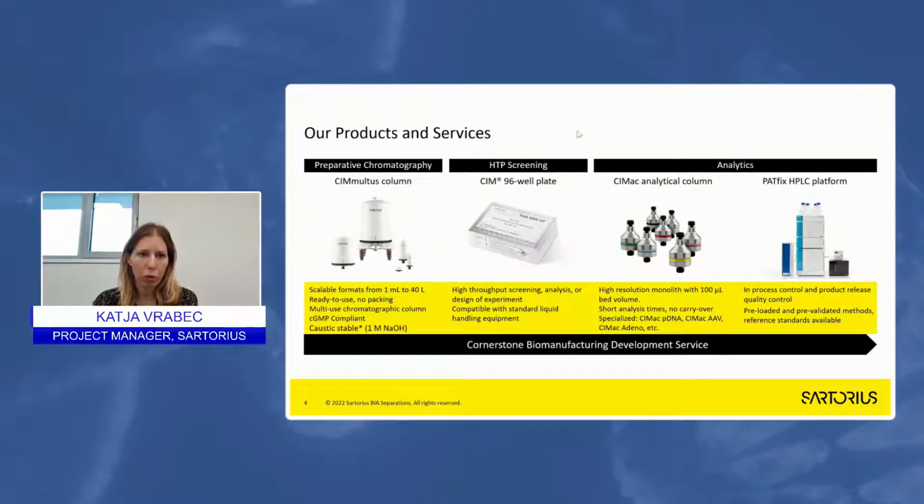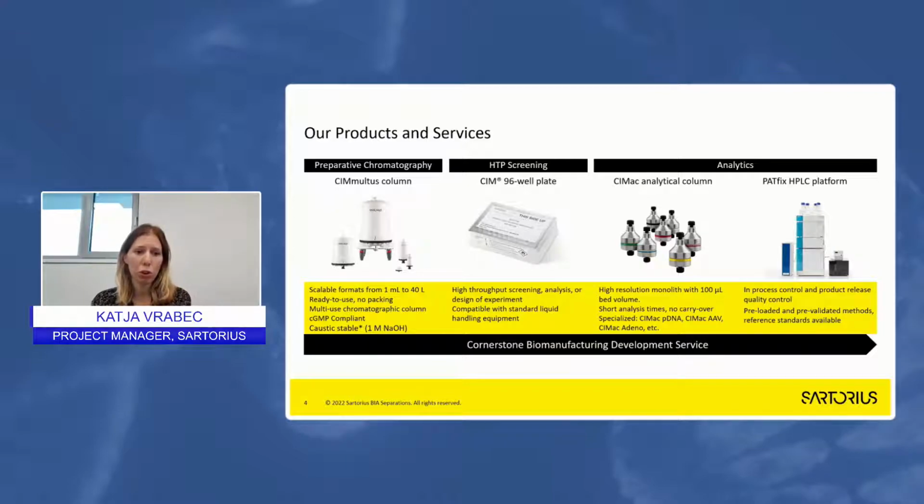We offer different products. Most importantly, products in preparative chromatography. CIMmultus columns are offered in scalable formats from 1 milliliter up to 40 liters. They're ready to use, so no packing is needed. They're multi-use columns.